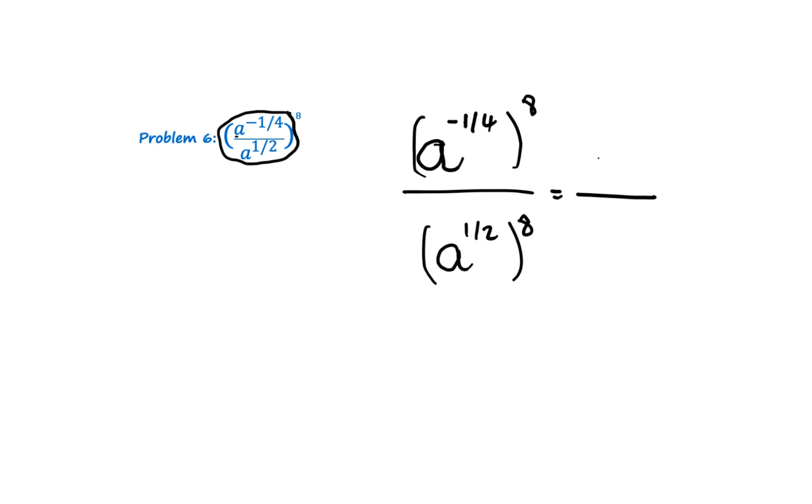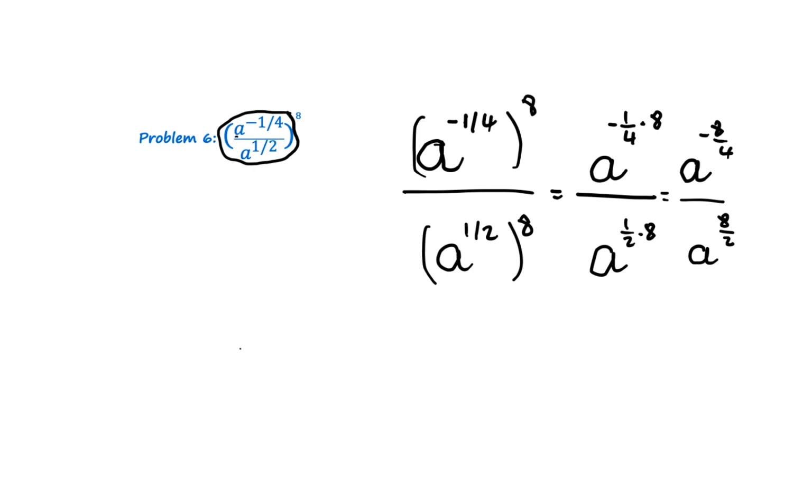One base for two exponents, so I keep the base and multiply the exponent, so that's negative 1/4 times 8. And then on the denominator, I have a to the power of 1/2 times 8. So negative 1/4 times 8, that's negative 8 over 4. And then the denominator, I have 1/2 times 8, that's 8 over 2.